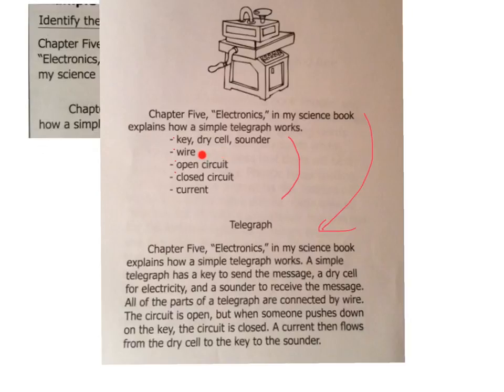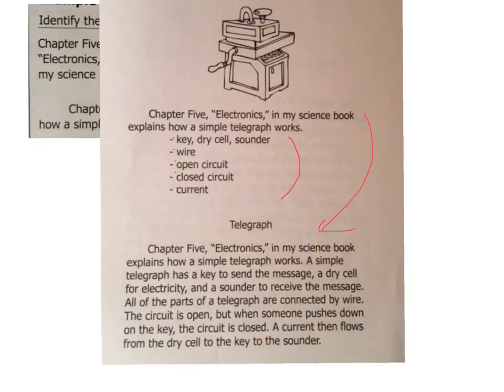Our next detail was wire. Okay? All the parts of a telegraph are connected by wire. The next idea was open circuit and then closed circuit. So let's see how we put those into sentences. The circuit is open, but when someone pushes down on the key, the circuit is closed.